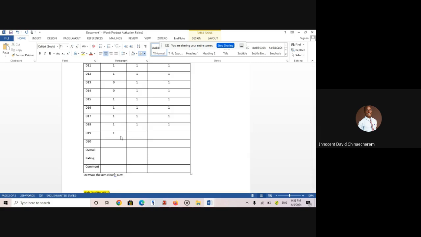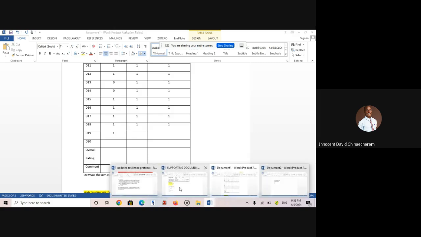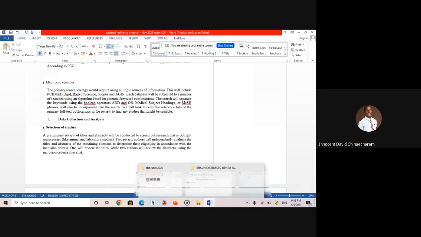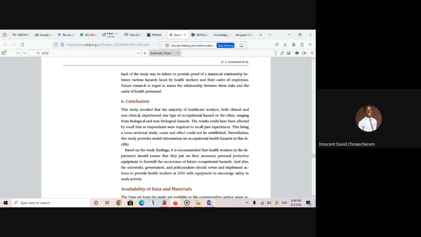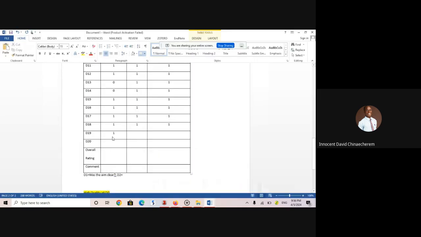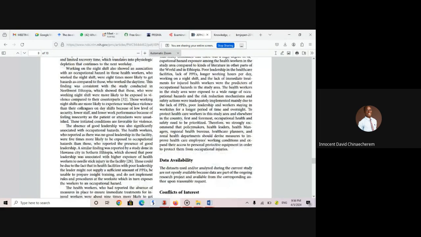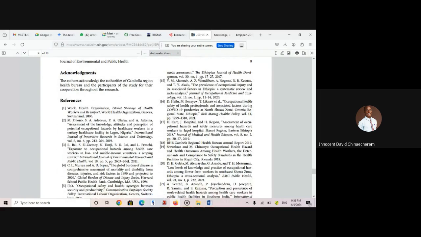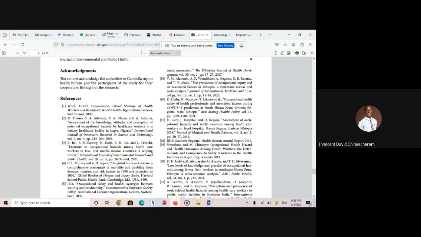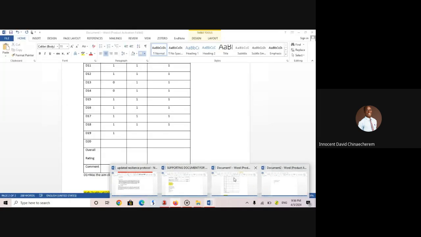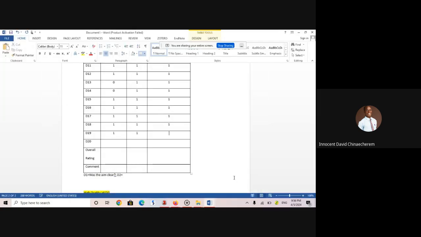Because if there is, then it's going to be a 0. So it's going to be a 1, we're correct. So no funding sources to affect the interpretation of the study, and that's going to be 1 as well.